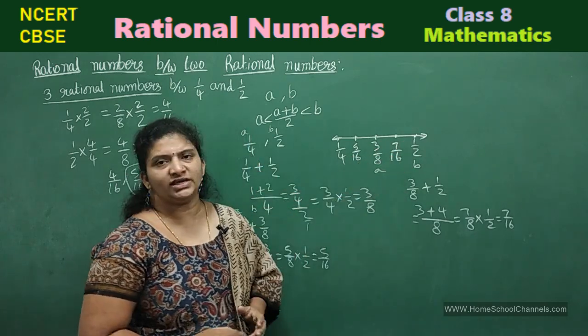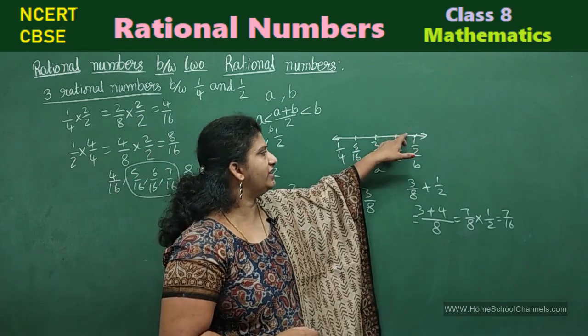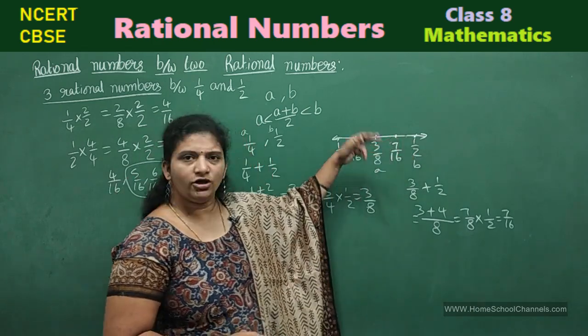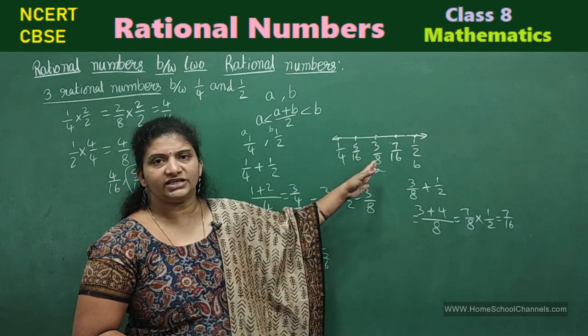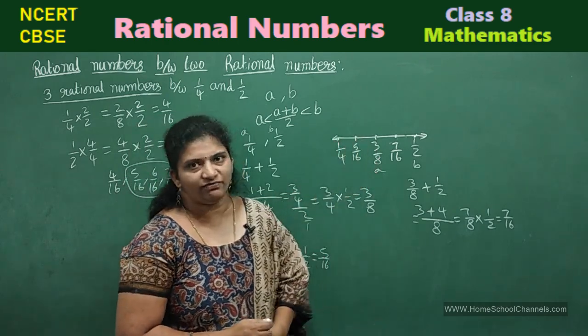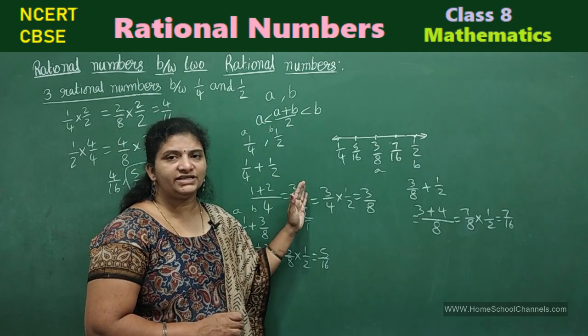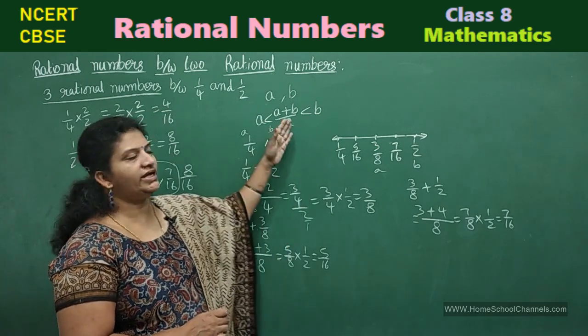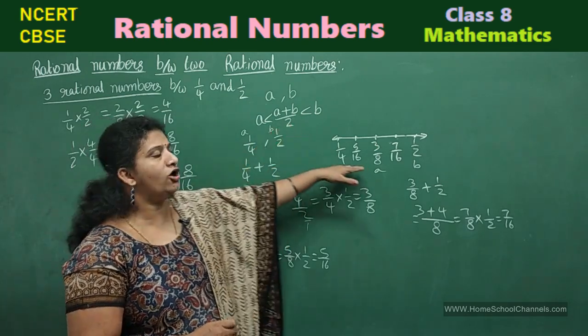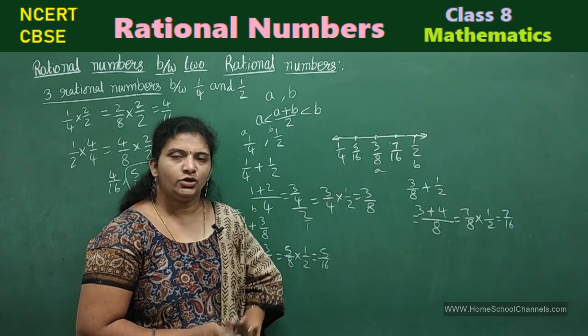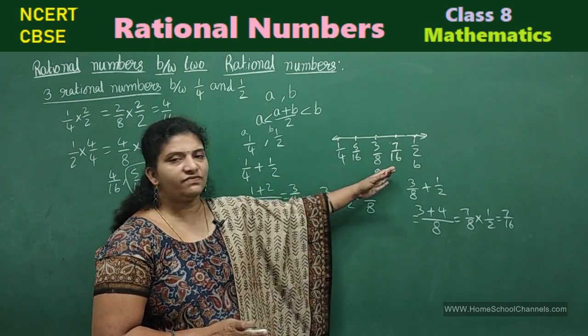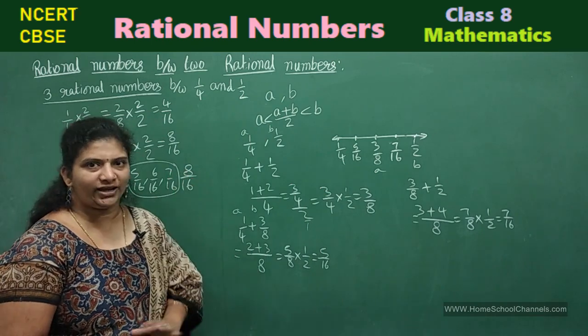Suppose you need 2 more extra. You can find them between these two, or between any of the 2 rational numbers. When you write rational numbers between 2 rational numbers using this method, the denominators may not be the same. Don't be confused. Either this way you can do or that way.